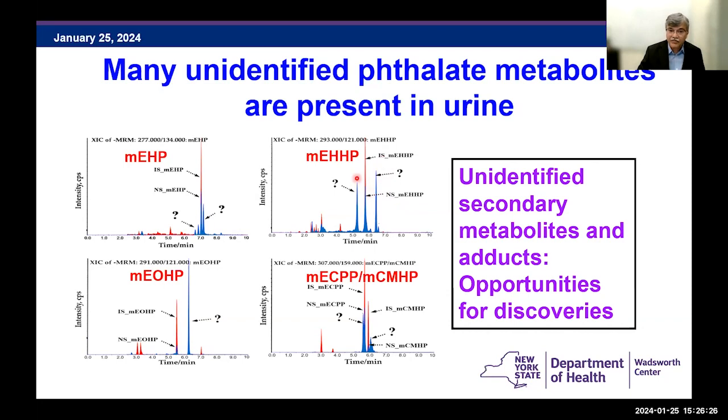Maybe some of these biomarkers are more important than the metabolites that we are measuring, right? So we are missing a lot of information in our analysis because everybody is busy in the lab. If you ask anybody working in a biomonitoring lab, they will say we are busy, right? But there are lots of opportunities for making discoveries in the chemicals that we are already measuring for 20 years.